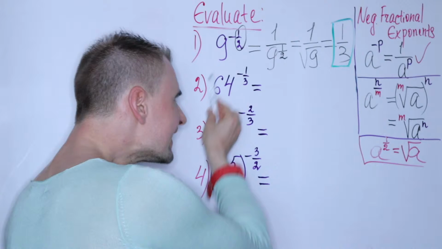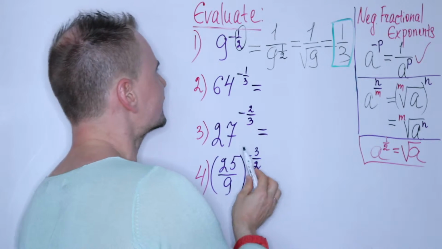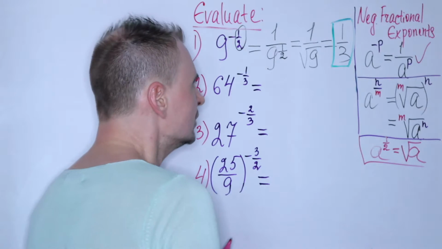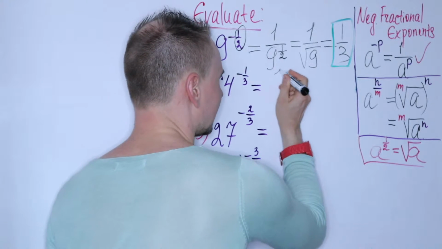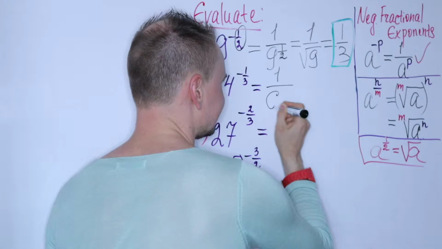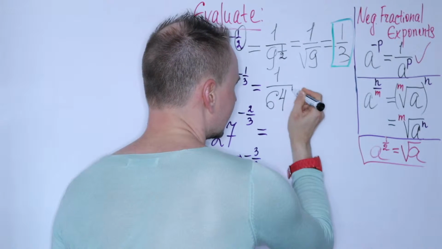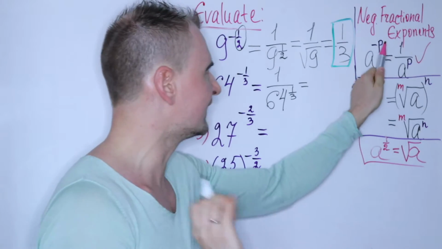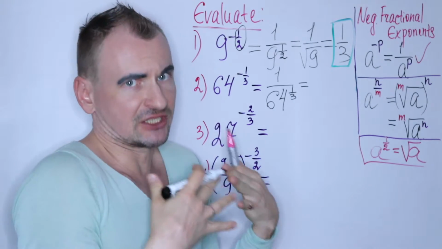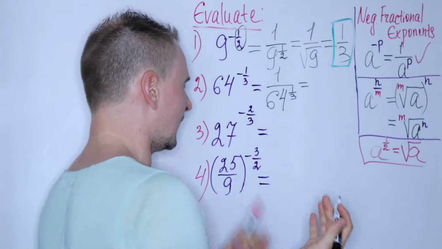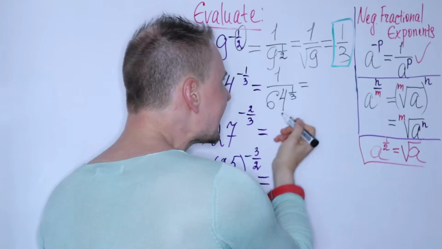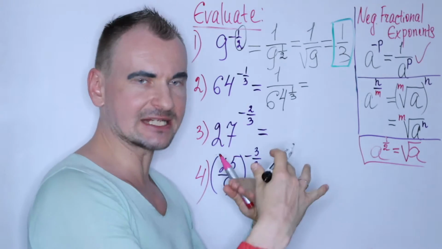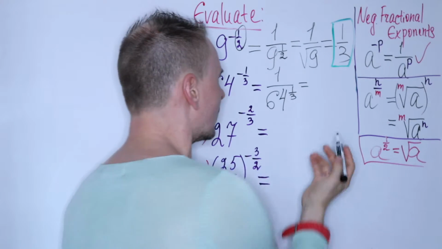Now, in the same way, likewise, say you have been given 64 raised to the negative a third. I'm going to take the reciprocal, 1 over 64 raised to the power a third. So again, apply this negative fractional exponent rule, if you will. Now, again, at this point, turn it into radical, or turn it into a root form.